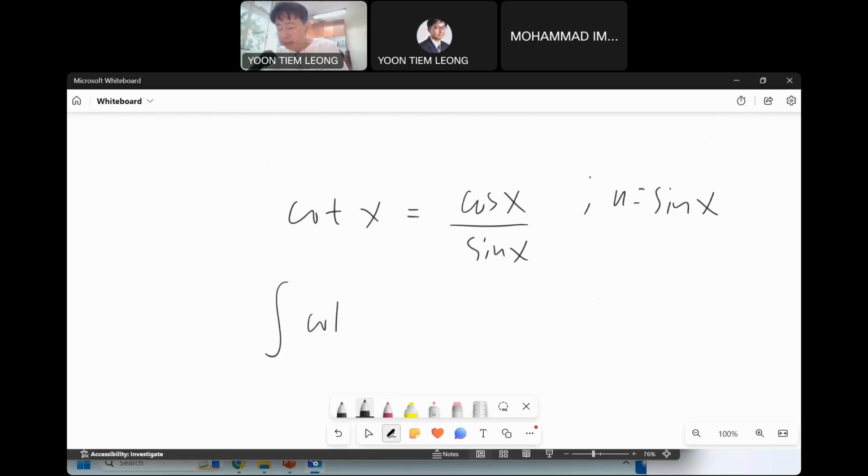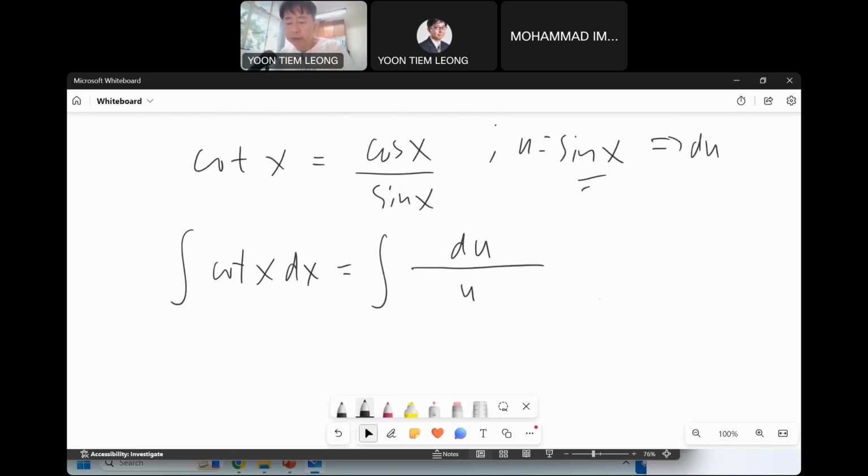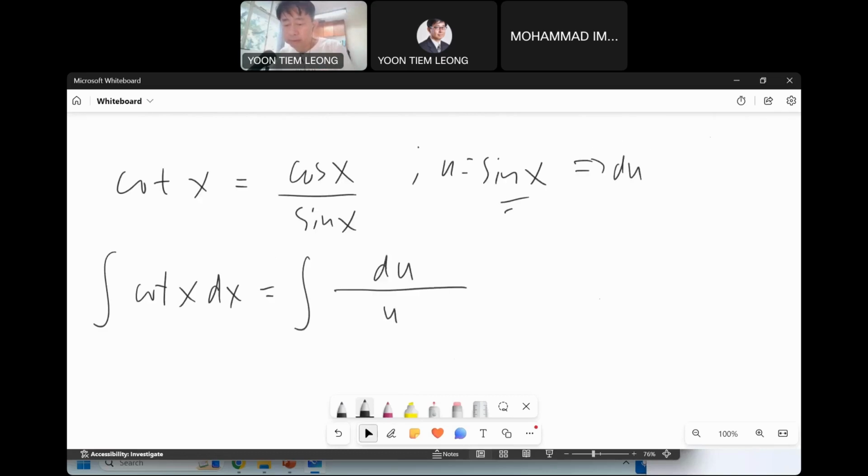Then the antiderivative of cotangent x is expressed as du over u, where du is cos x dx.